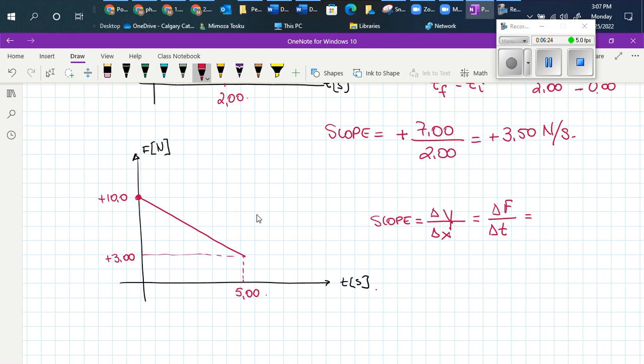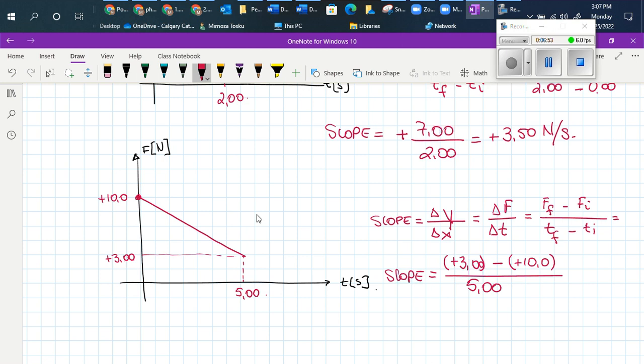And the change, like any change, is final minus initial, over the change of time, again final minus initial. So the slope in this case will be: final is positive 3 for force minus initial is positive 10, over final for time is 5. Notice here that I do not state the sign for time because time is a scalar quantity, minus 0.